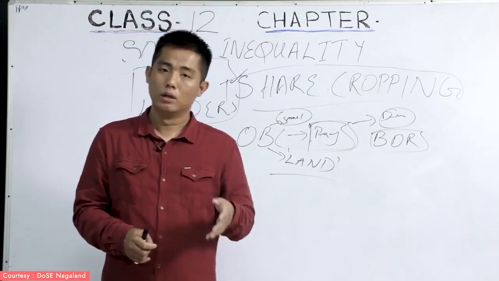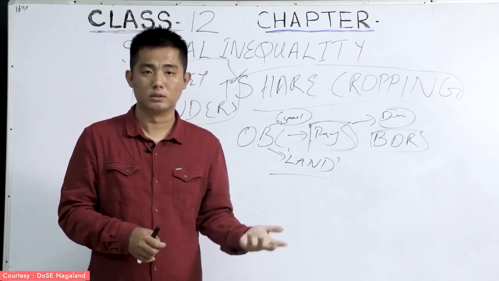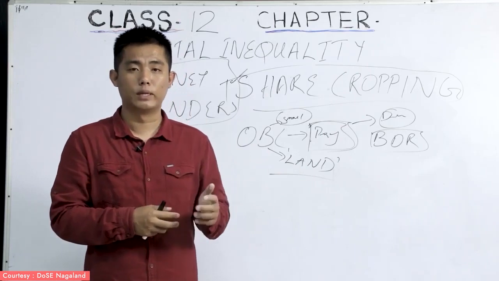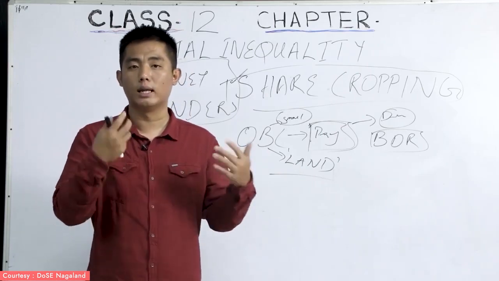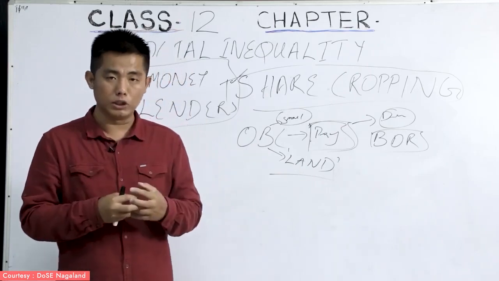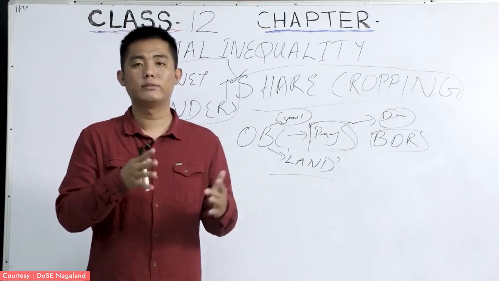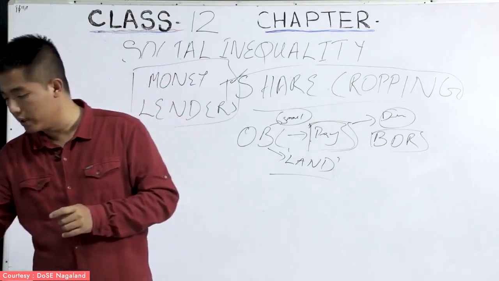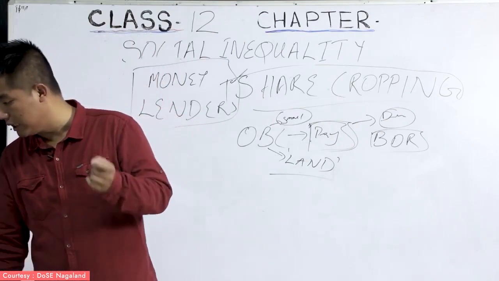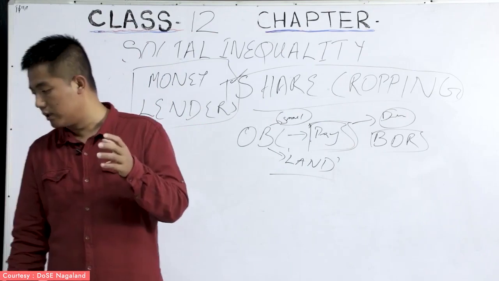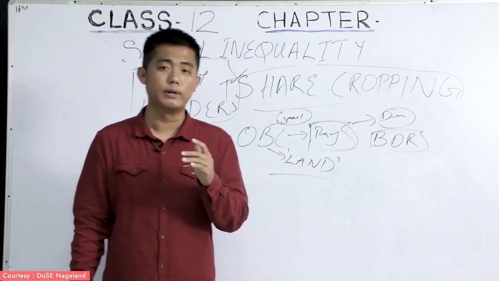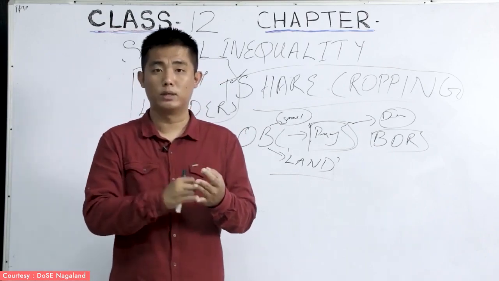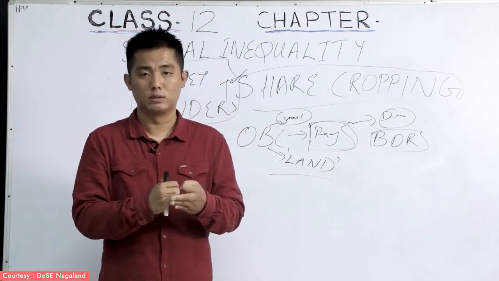For example, the children have to work in dabas, or maybe you yourself have to go and do some wage earning for them, for free, without even getting anything. So these were some of the conditions which worsened the lifestyle of the OBCs. And this is the reason why they also say that the OBCs were supposed to be divided into 3 categories: the most backward, more backward, and the backward.